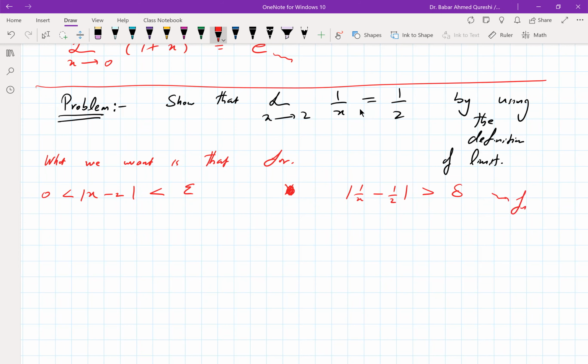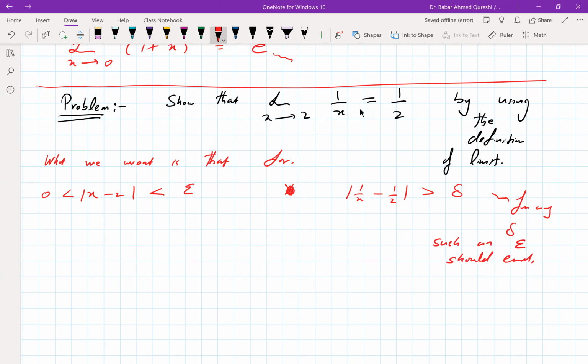For any delta, such an epsilon should exist. So all the time we just try to first guess what we can do.